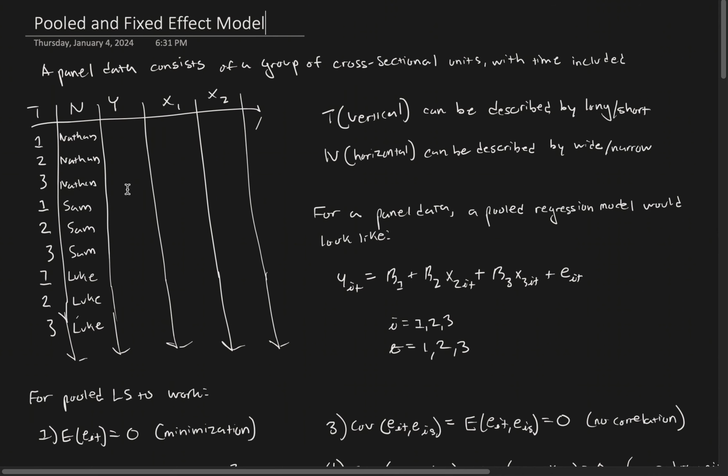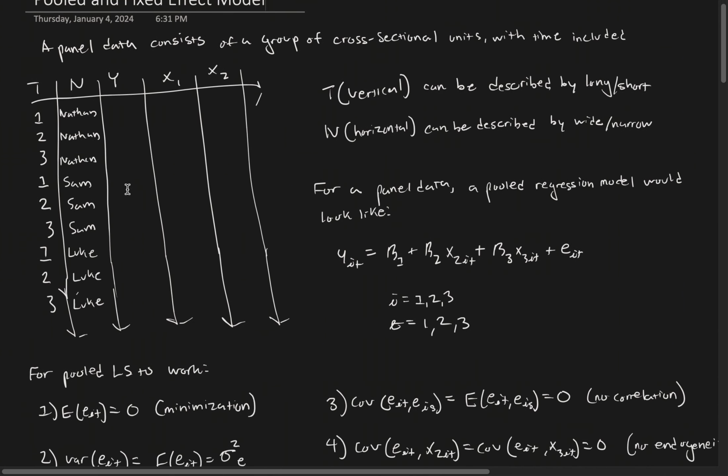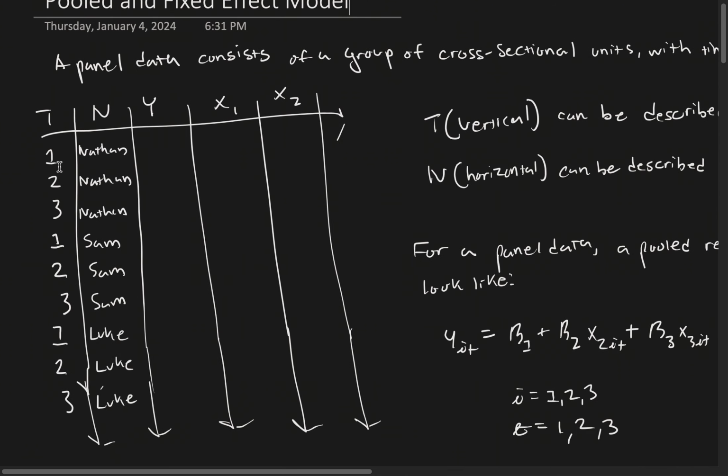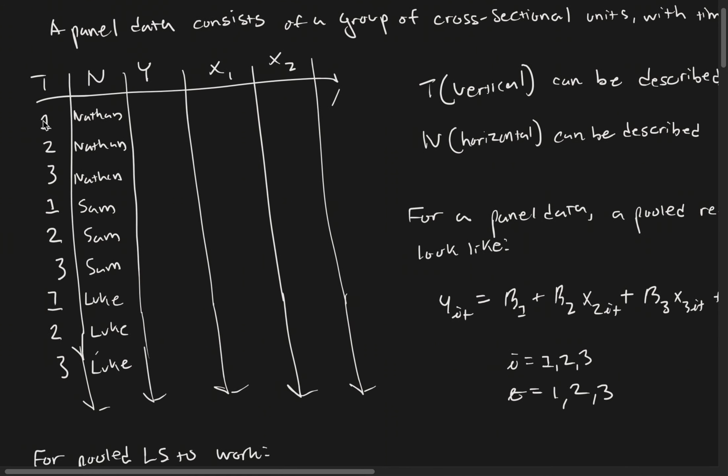All right, let's say we have data that consists of the first vertical row consisting of time units from 1 to 3, and each of these sets of time units sampling the same individual.